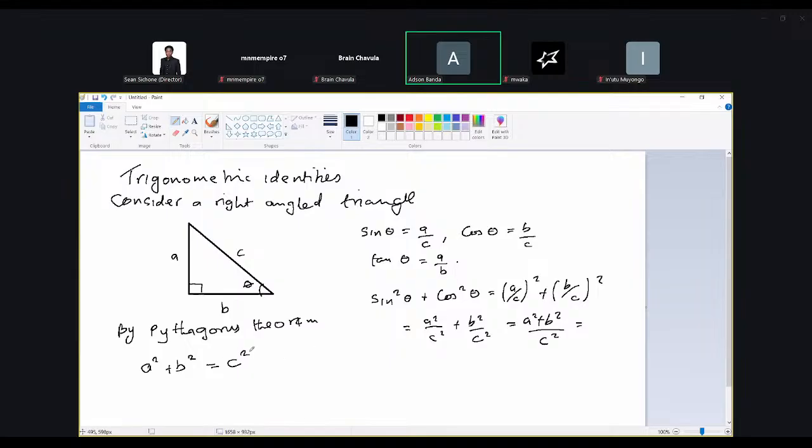So this is C squared divided by C squared, and of course, that gives us 1. So that's the first identity that we are going to get.